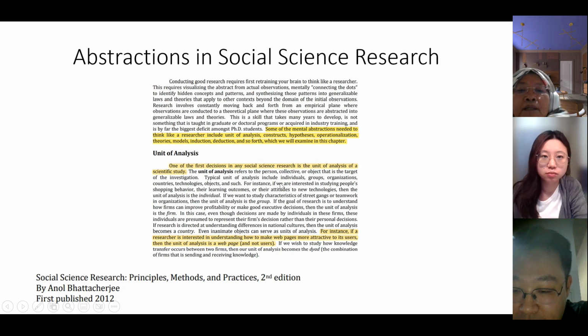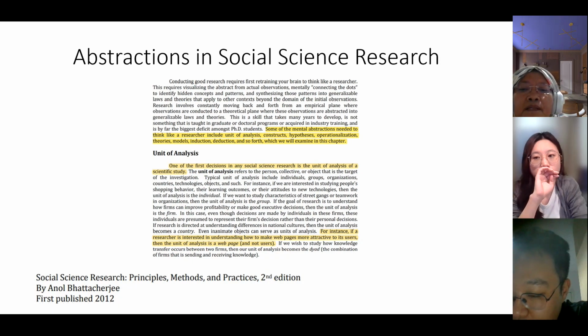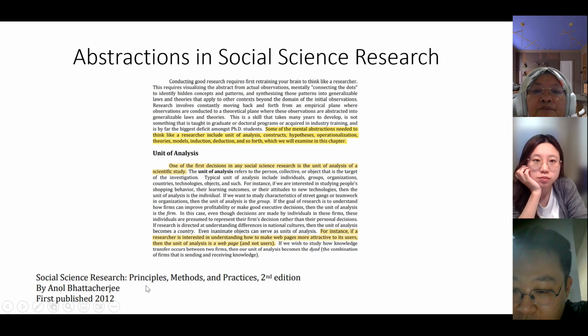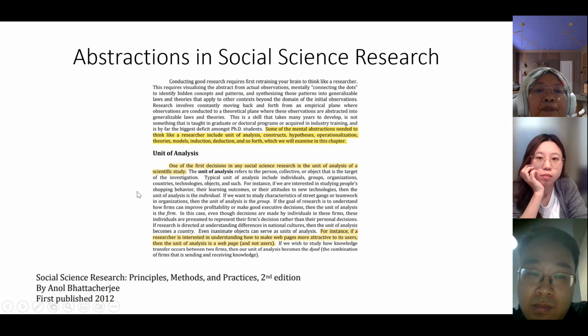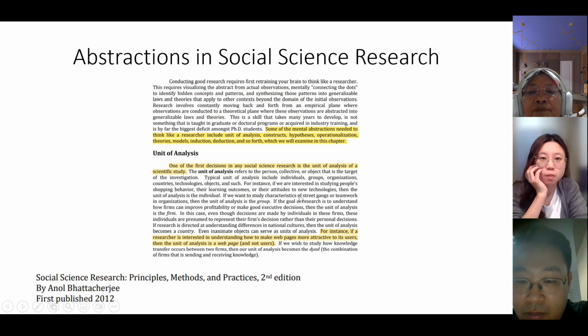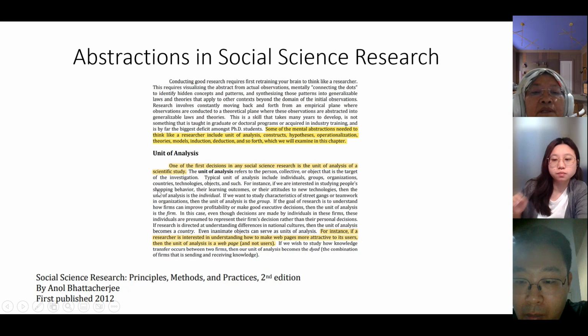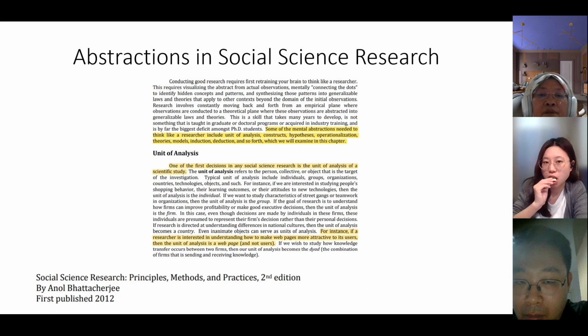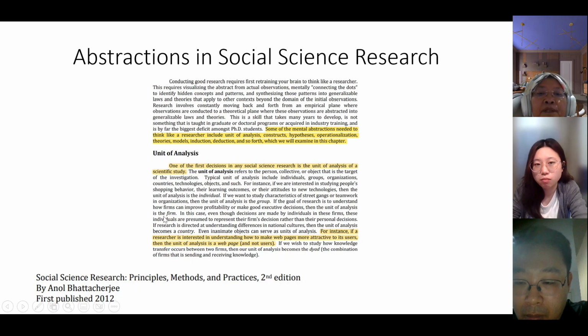So it typically involves individuals, groups, organizations, countries, technologies, objects and such. For example, if you are interested in studying people's shopping behavior, their learning outcomes, or their attitudes to new technologies, then the unit of analysis is the individual. You want to see how each individual responds to a certain phenomenon.